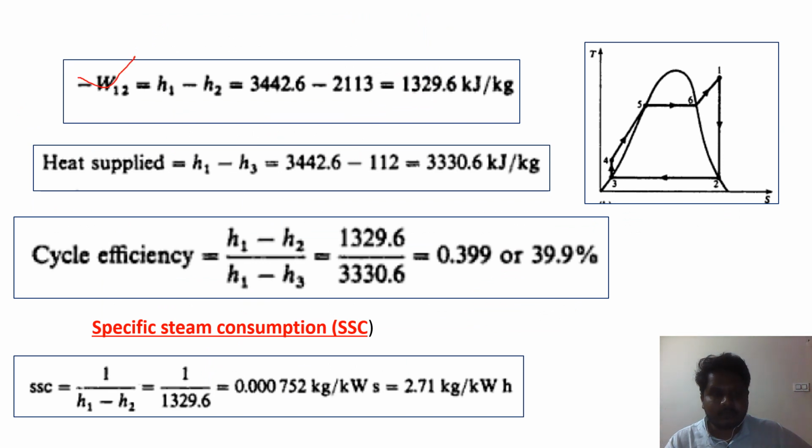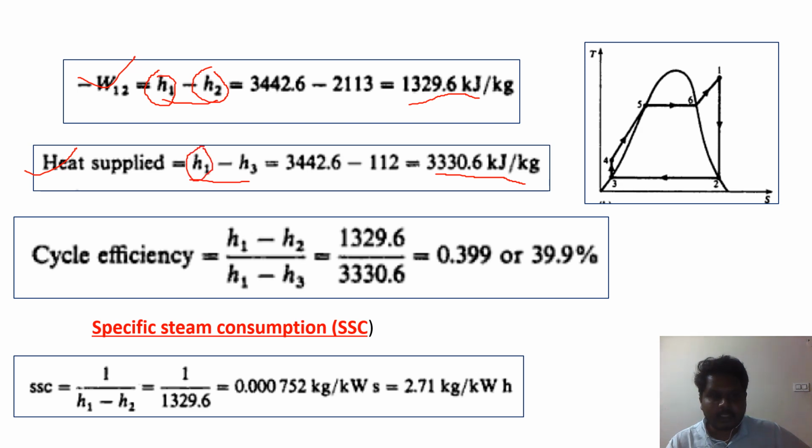Now let us find work done by the turbine. The equation is H1 minus H2. Here the values H1 and H2 are calculated by interpolation. So the final value is 1329.6 kilojoule per kg. And heat supplied equals H1 minus H3 equals 3330.6 kilojoule per kg.